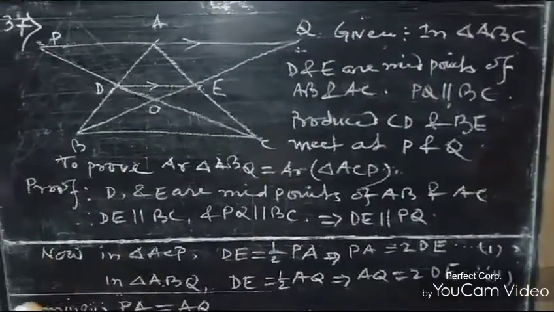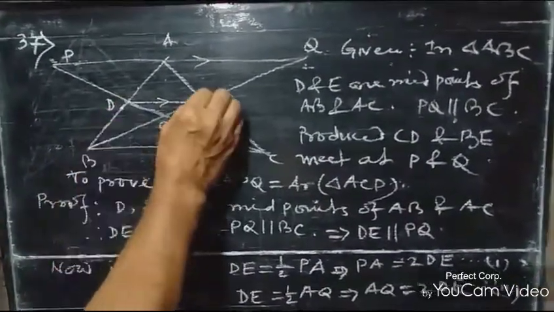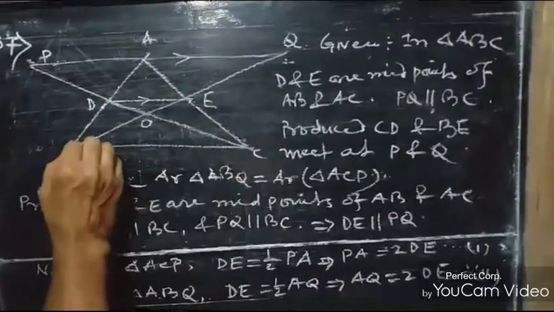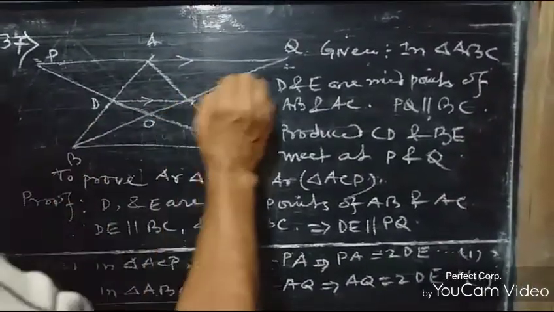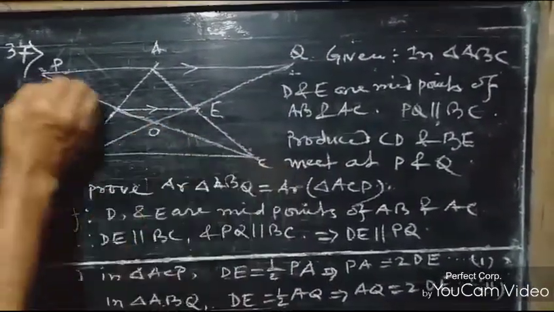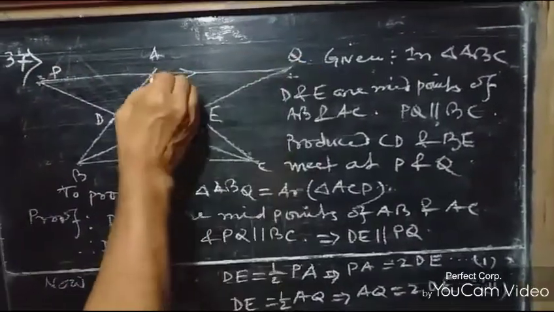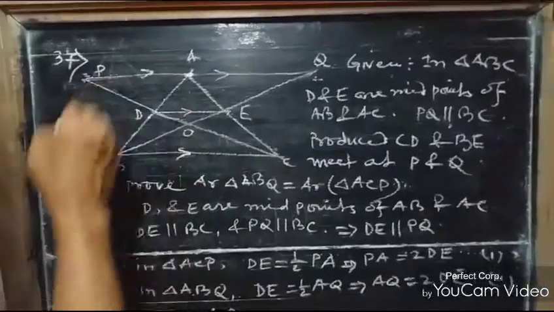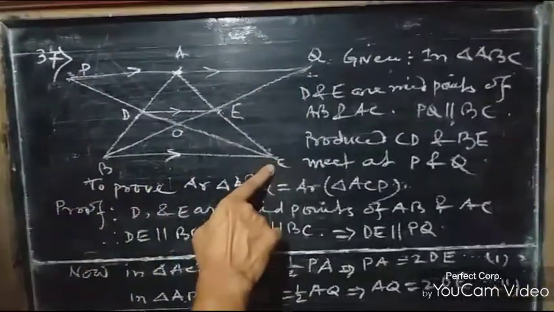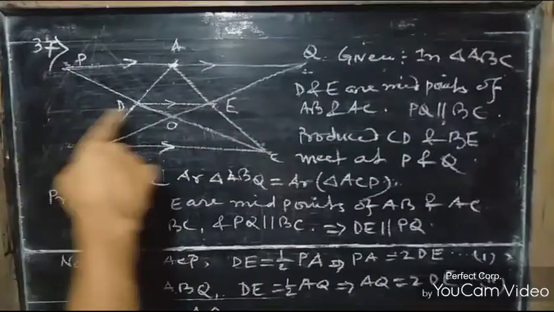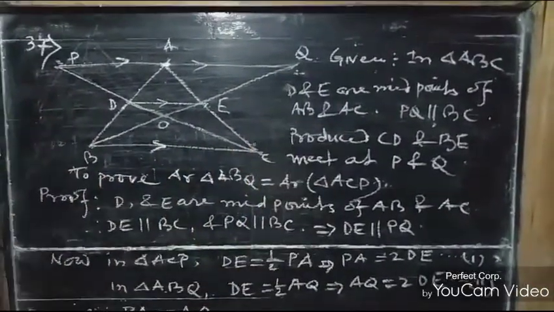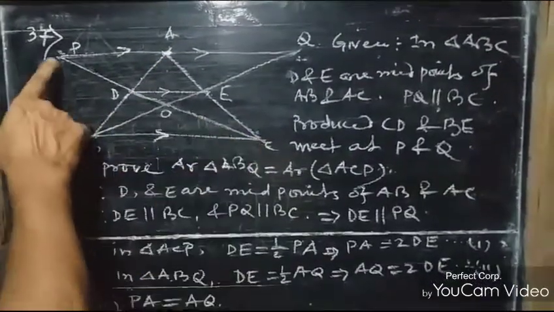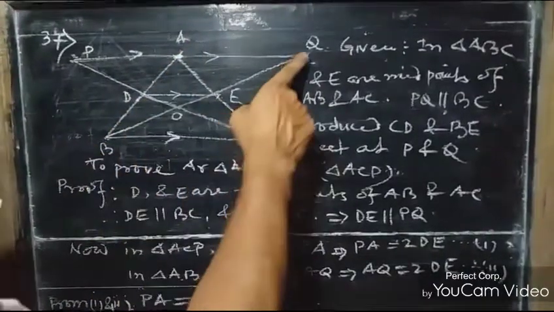37. In this adjoining figure it is given D and E are midpoints of AB and AC. BE is produced and CD is produced, which meet at P and Q on the line which is parallel to BC. That is PQ is parallel to BC, and it meets at P, and also meets at Q. Now we need to prove that the area of ACP equals the area of ABQ.